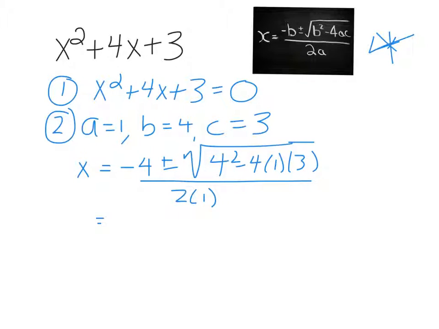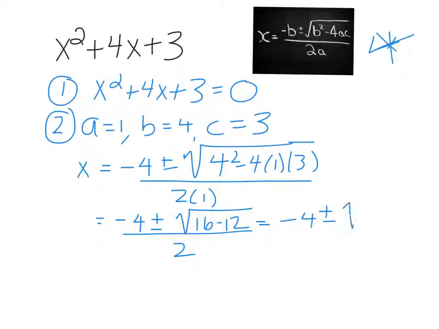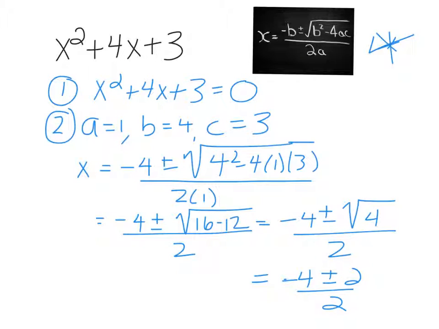So that'll give us negative 4 plus or minus the square root of 16 minus 12 all over 2, which will be negative 4 plus or minus the square root of 4 over 2, which is negative 4 plus or minus 2 over 2. We're going to figure out our roots from our negative 4 plus or minus 2 over 2.